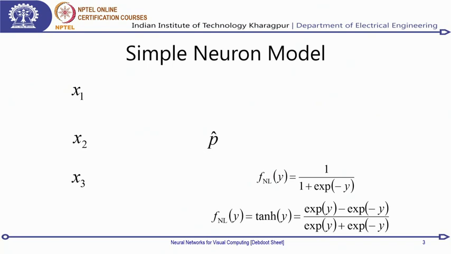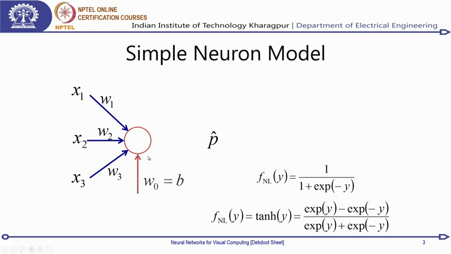Now, we can associate each of these scalars with a weight, and then sum them up. So, x1 will be multiplied by a weight w1, x2 by a weight w2, x3 by a weight w3, and on top of it we add a certain scalar value, a DC offset, which is also called a bias.